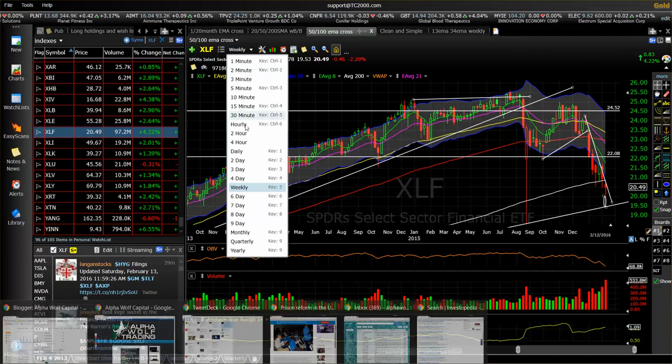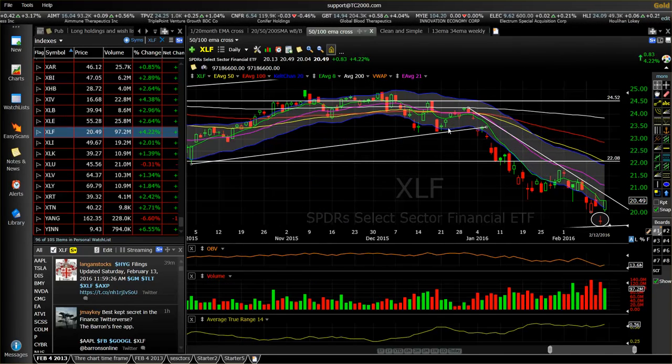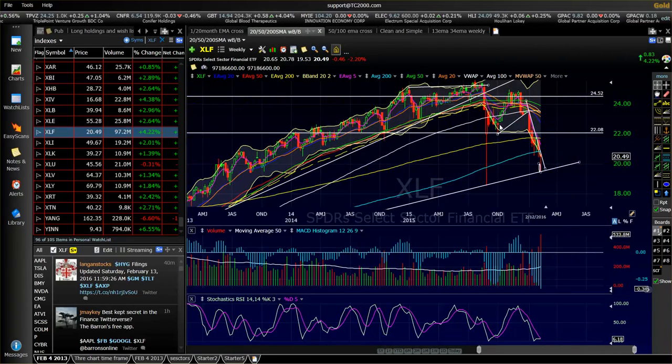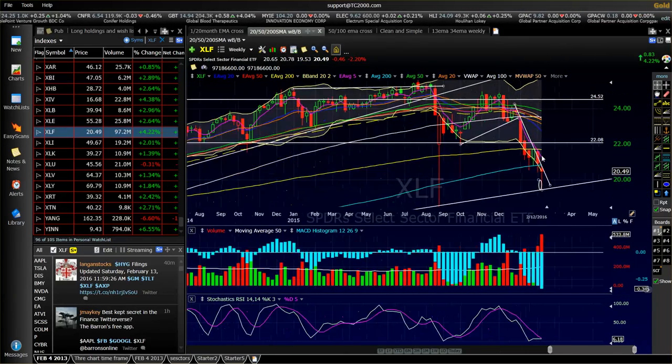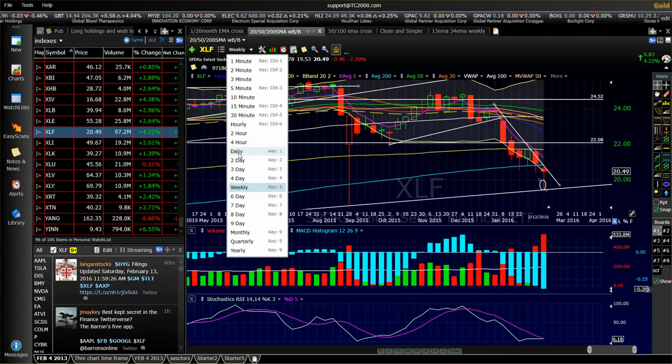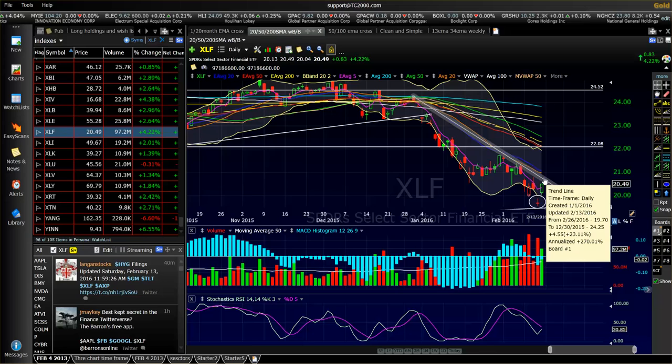However, if I go to the daily, I see that I've got a candle, and we'll go into this in greater detail later in the program, but I can see that I have a candle that has pierced out of the lower Bollinger Band. Completely out of the lower Bollinger Band. We're getting a bit of a little bounce here.